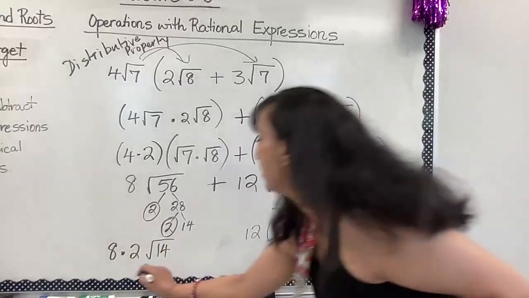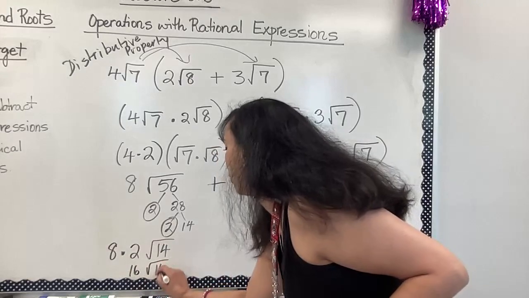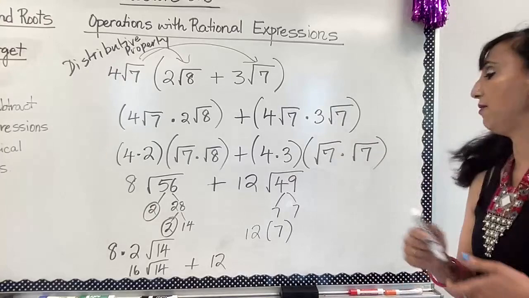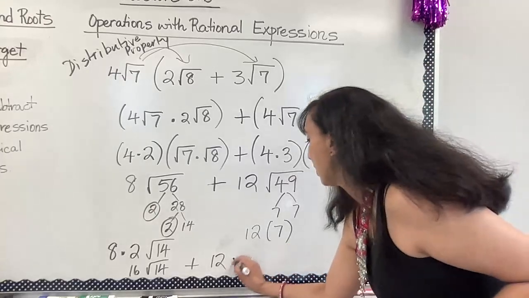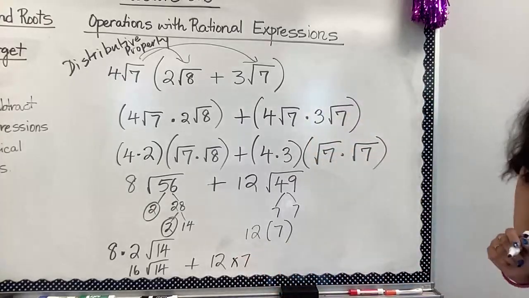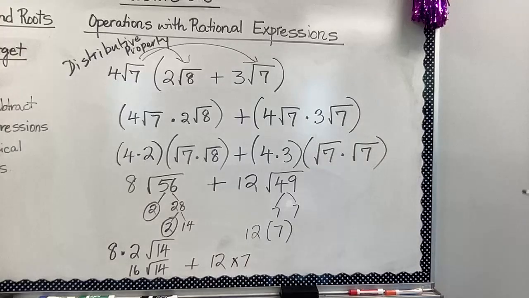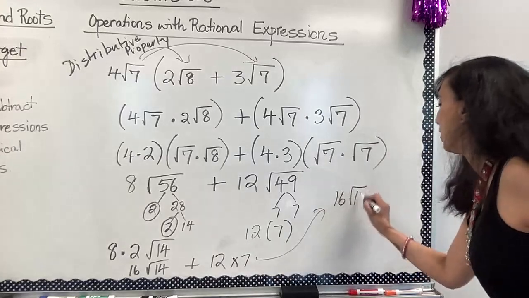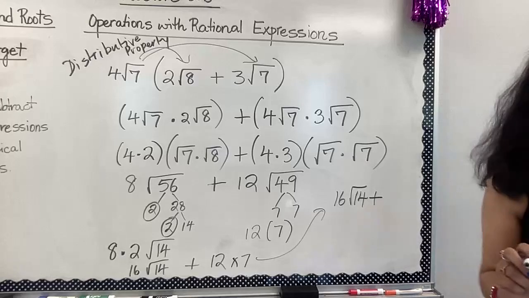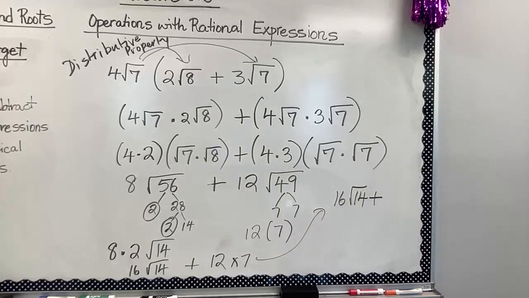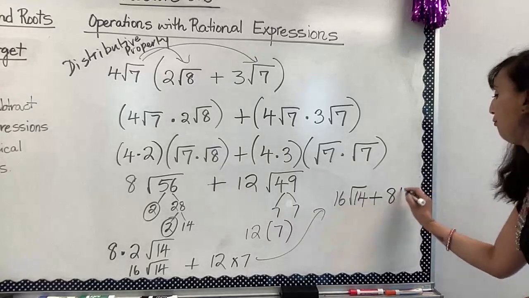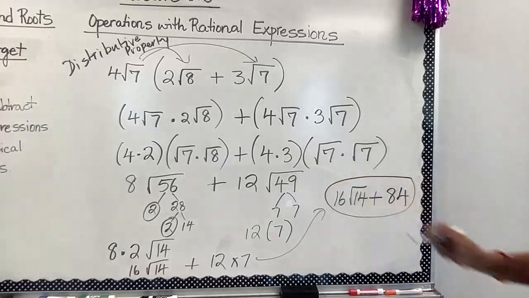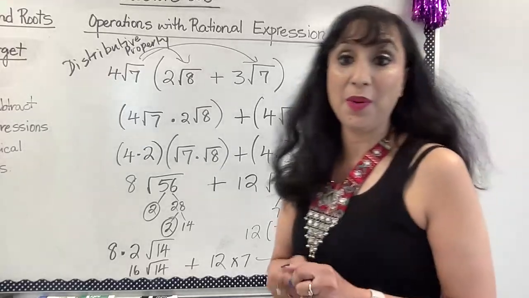That gives me 16 root 14. Because root 49 gave me 7, so 12 times 7. 16 root 14 plus what is 12 times 7? That gives me 84. And there is my simplified version and my final answer to this problem.